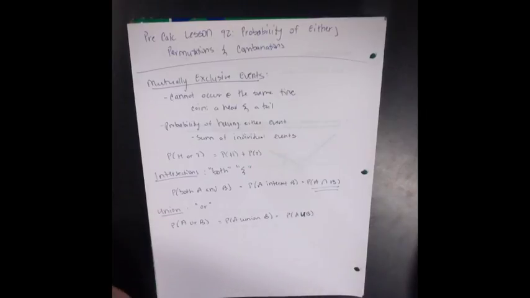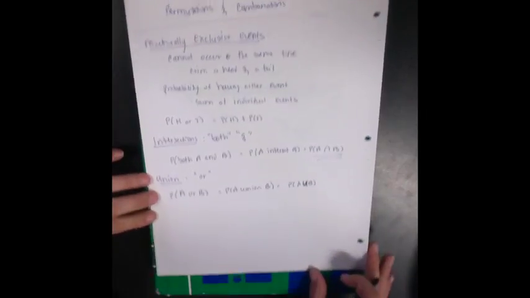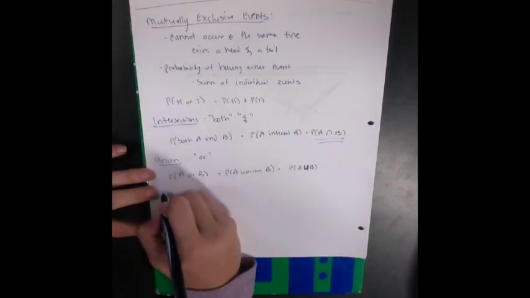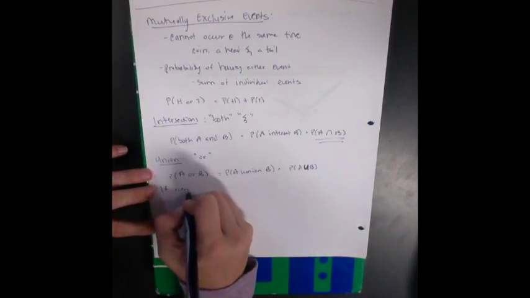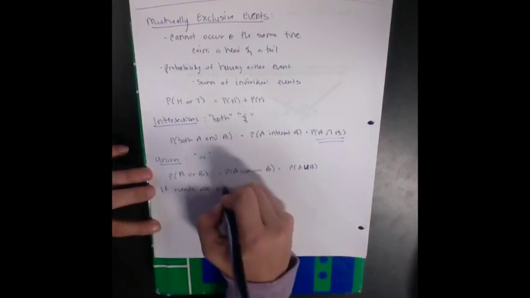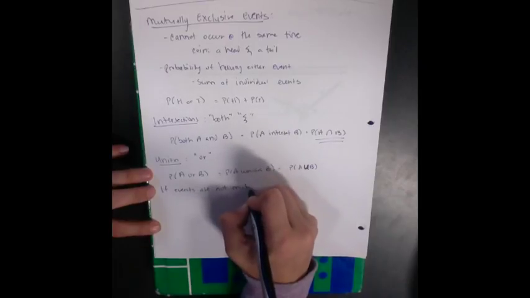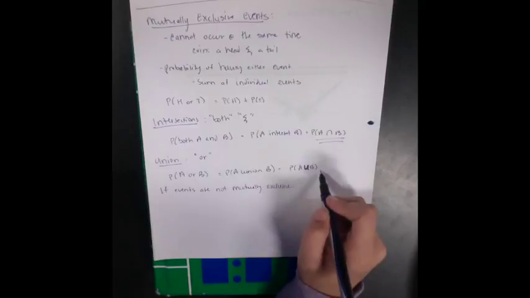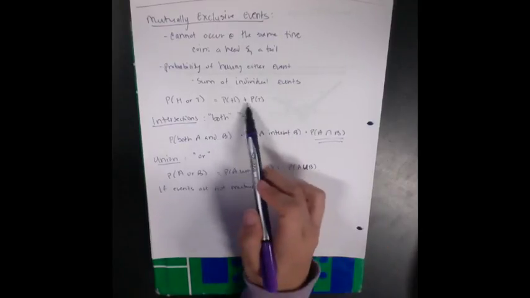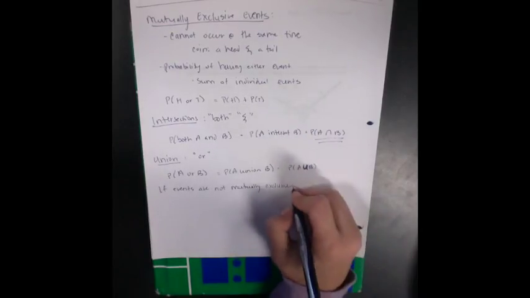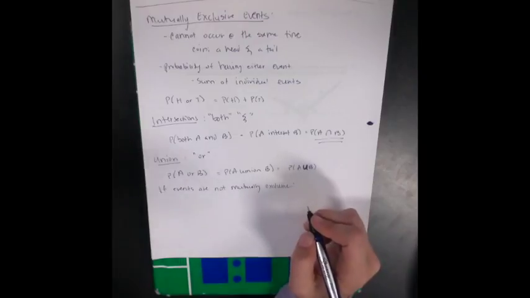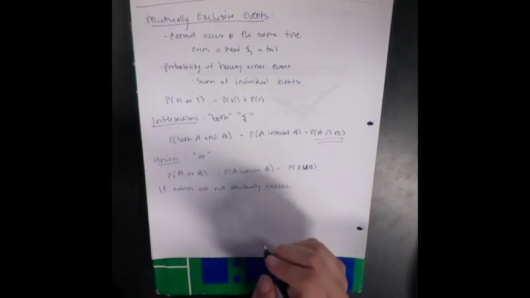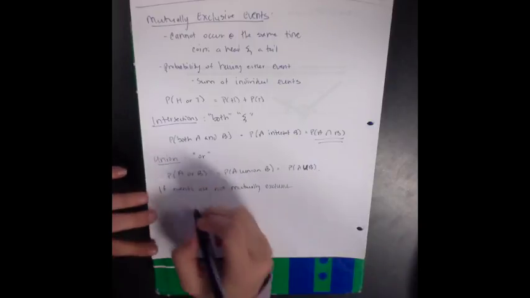So in union, we have a special case if the events are not mutually exclusive. If they're mutually exclusive, we add them. If they are not mutually exclusive, double counting can happen, meaning you count a certain situation twice.